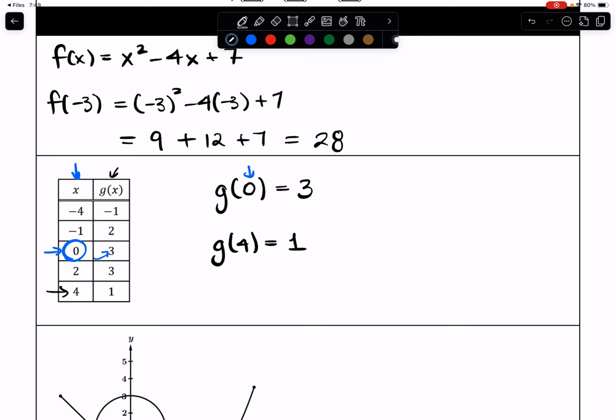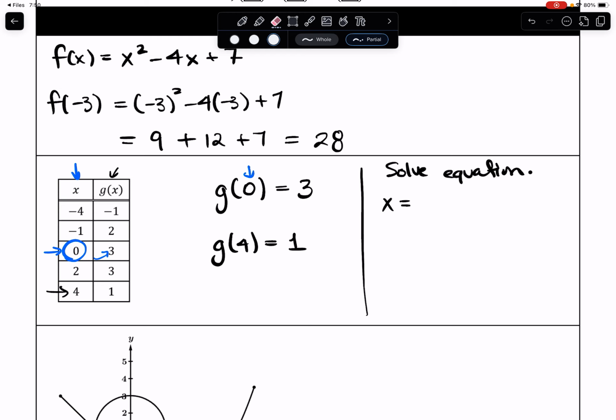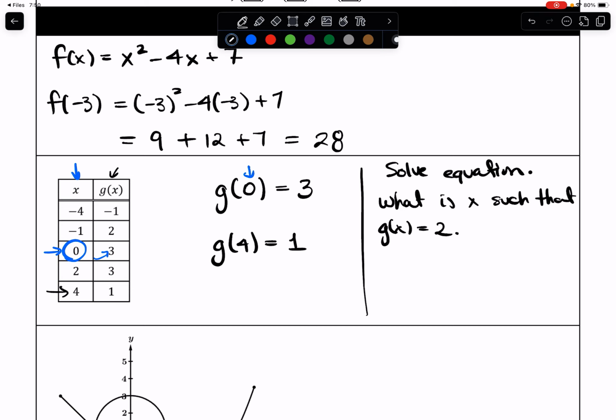Now we can also go backwards and find out the values of x. We can also use this to solve an equation. For example, if I want to find the value of x such that g of x equals 2, what I'm doing is now the opposite.